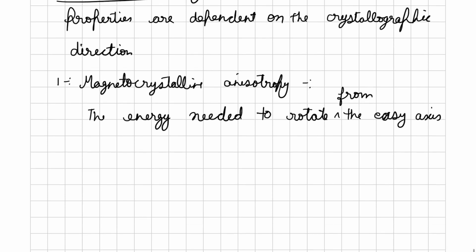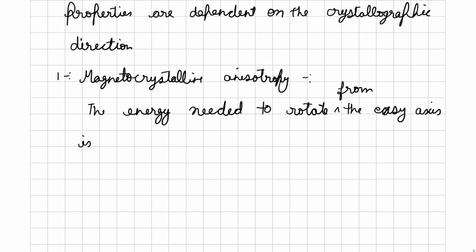So the energy to rotate from the easy axis is known as the magnetocrystalline anisotropy energy.